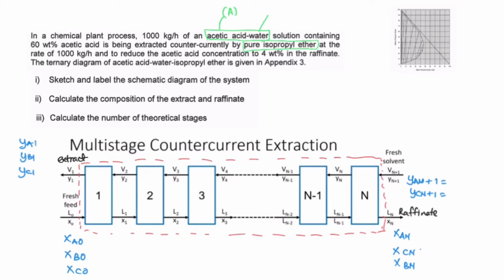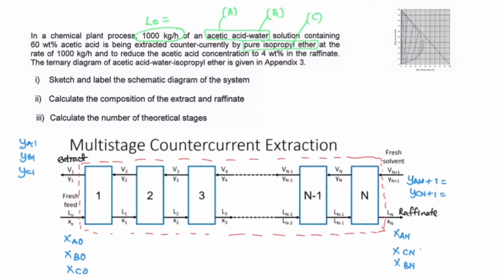Water is your diluent and pure isopropyl ether is your solvent. Then 1000 kg of A plus B is considered as the feed mass flow rate. So this is L0, which is given as 1000 kg per hour.